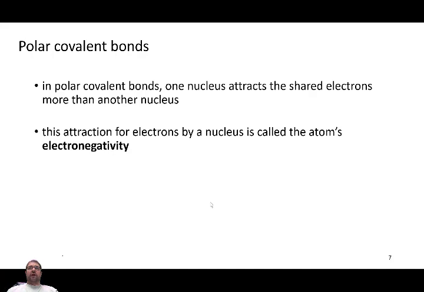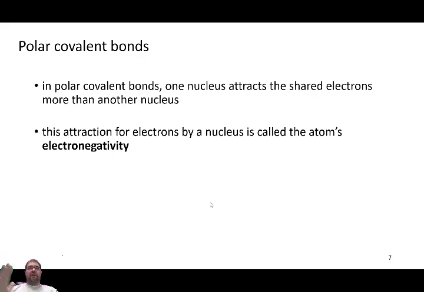So they share electrons with other things differently. For example, oxygen has a higher electronegativity than hydrogen. So when oxygen and hydrogen bond together, oxygen pulls the electrons closer to its nucleus than the hydrogen atoms.